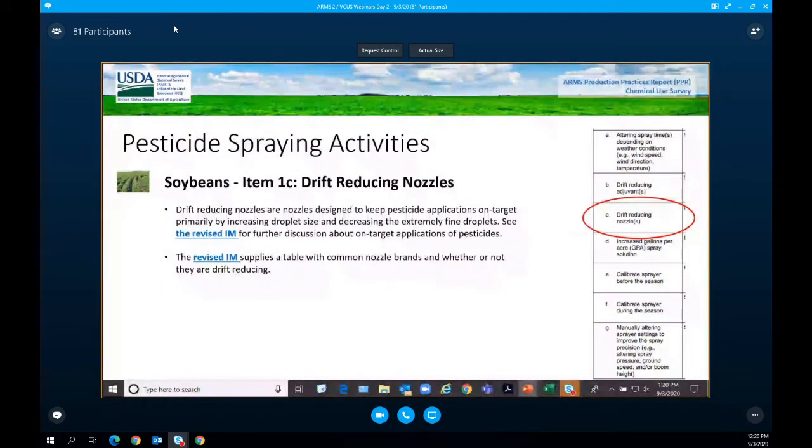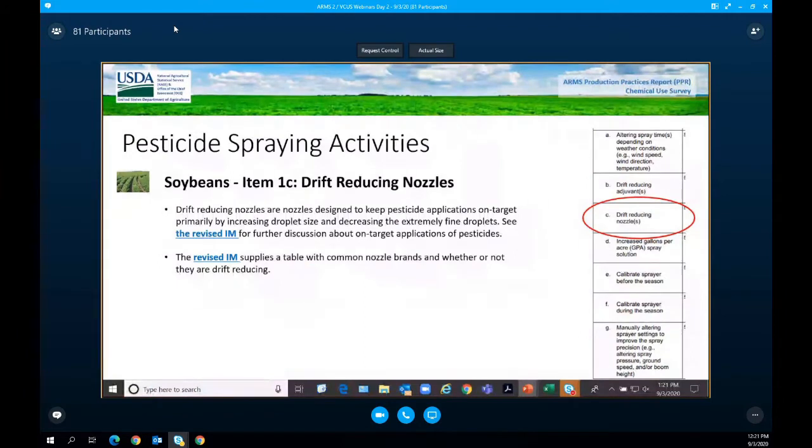Okay, so in 1C, we're asking about drift-reducing nozzles. Sprayer nozzles can affect the droplet size of applications. As you might expect, large droplets are much less likely to drift or move off target than the finer ones are. You might be wondering which nozzles are drift reducing and which are not.